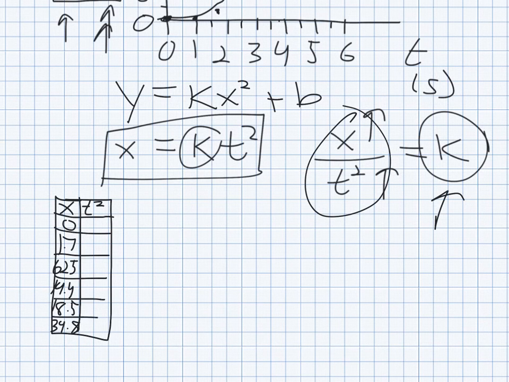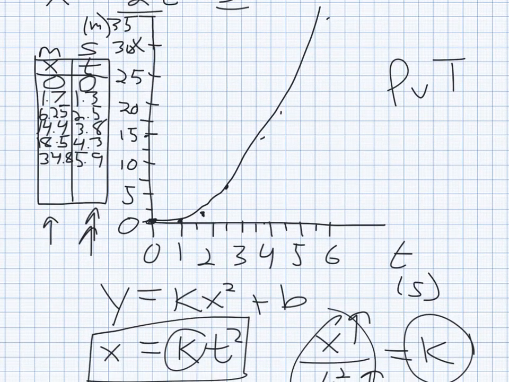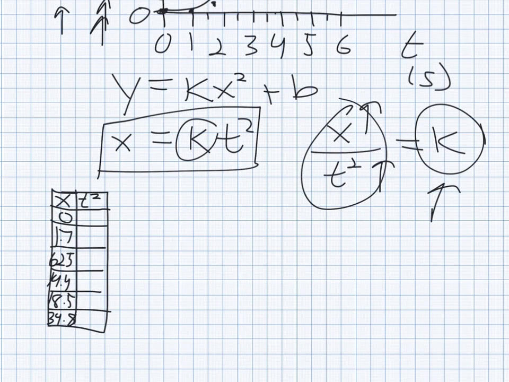But I can't just copy my t values over. My t values, if we go look at them, are 0, 1.3, 2.5. I'm actually going to have to square those to get what I need here. So let's do t squared. 0 squared is 0. 1.3 squared is 1.7.